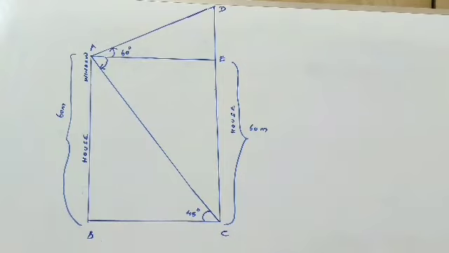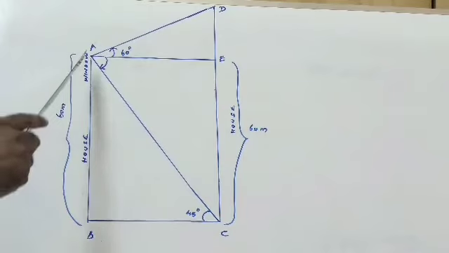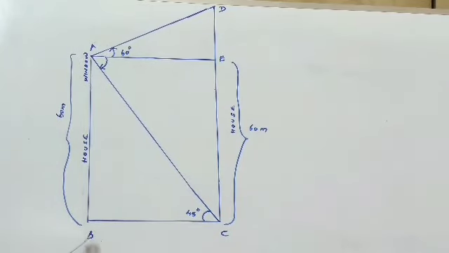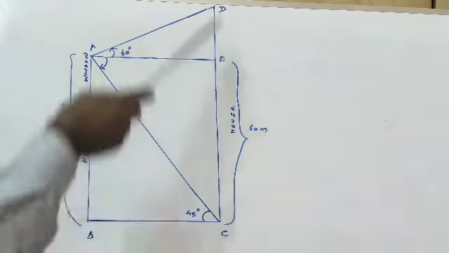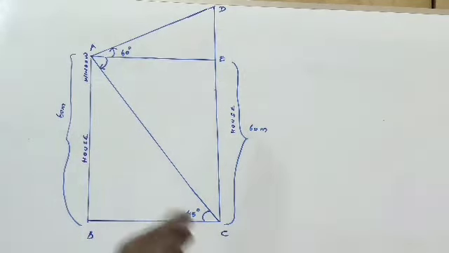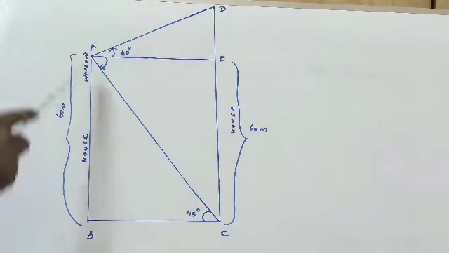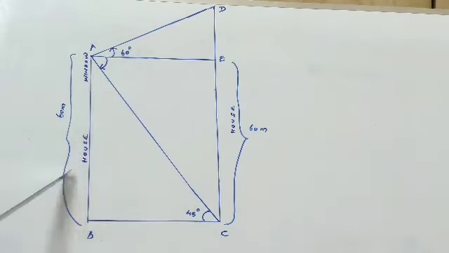Now listen to the diagram. Here AB is a house, and another house CD is situated opposite to that house on a street. BC is the distance between the two houses. Consider this as a street. Now a window is there in this house. It is 60 meter above the ground.